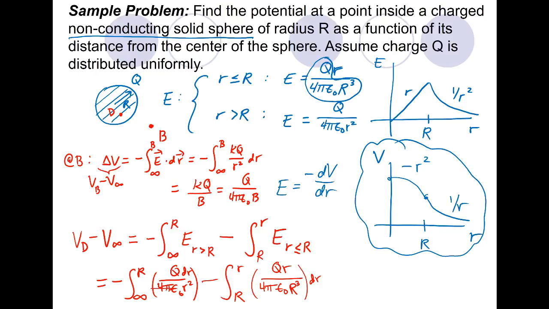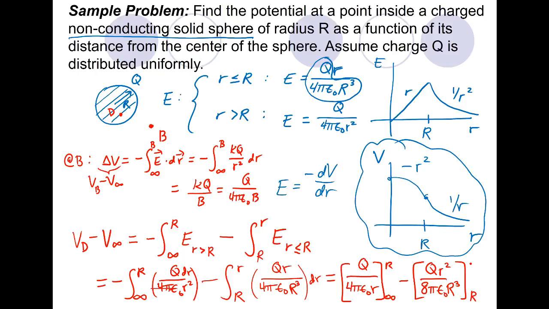Okay? So, what does that turn into? Well, that turns into the expression Q over 4 pi epsilon naught R evaluated from infinity to big R, minus the expression Q little r squared over 8 pi epsilon naught big R cubed evaluated from big R to little r, or r prime if you want.